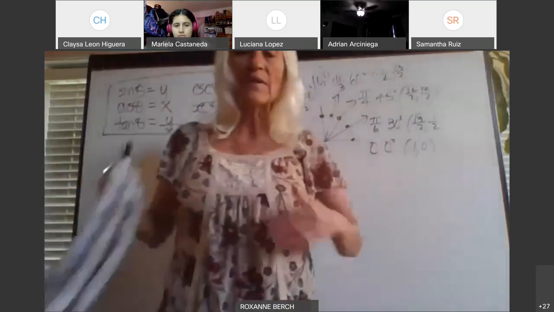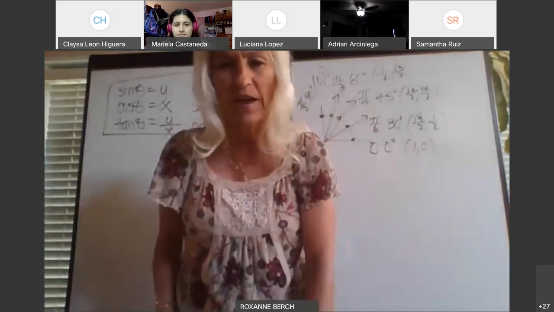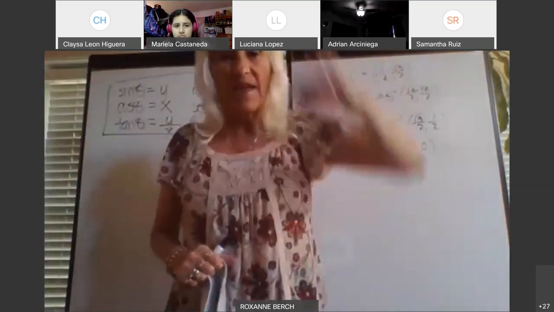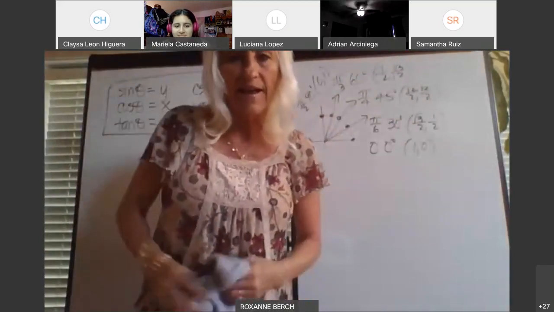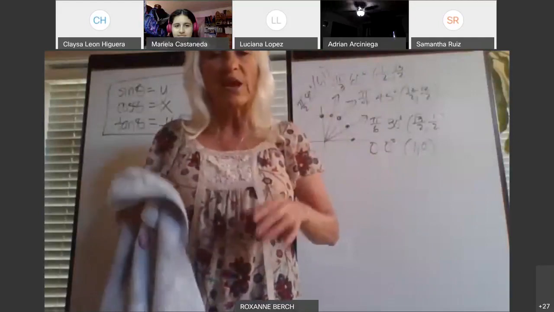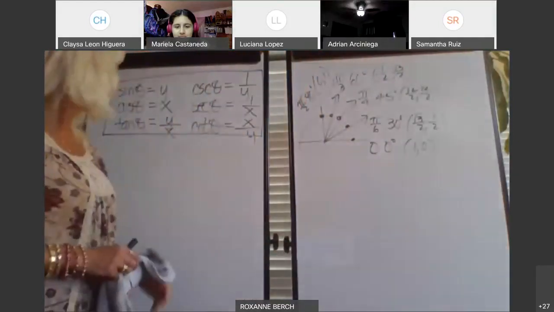So anybody who's brave enough to show me your beautiful little face, or not even show me your face, just pull the screen down and put your thumb up in the air so I can see it. I would love to see you though, but even if you don't want me to see you, pull the screen down and put thumbs up or thumbs down up in the air. You can't even see mine.